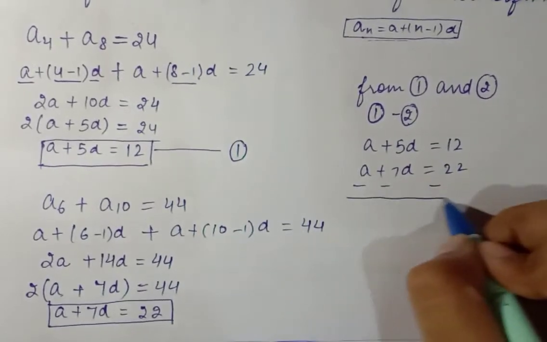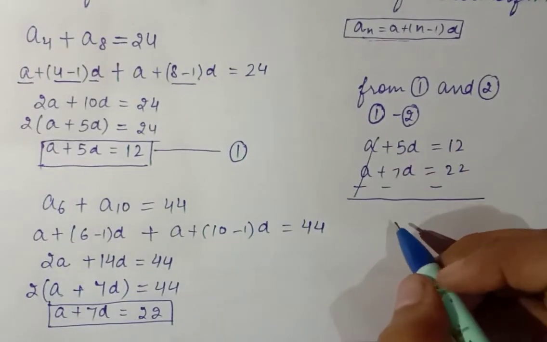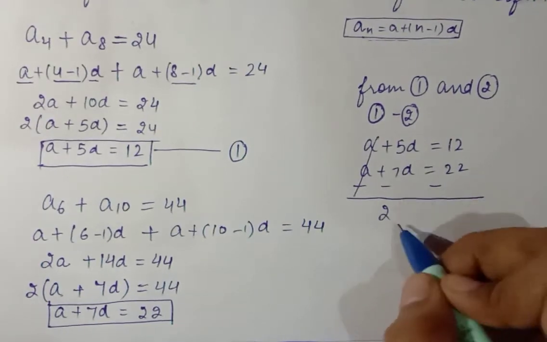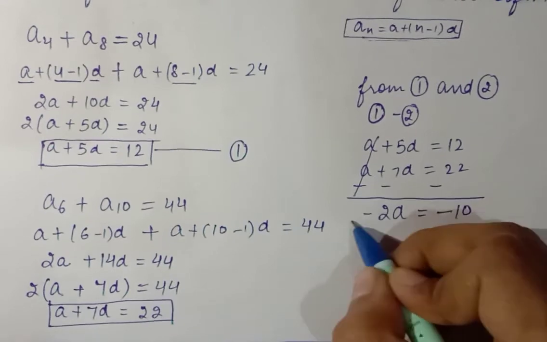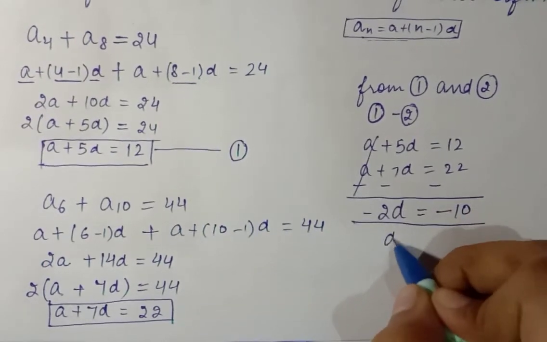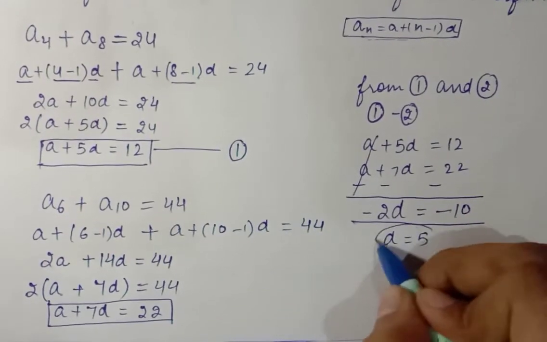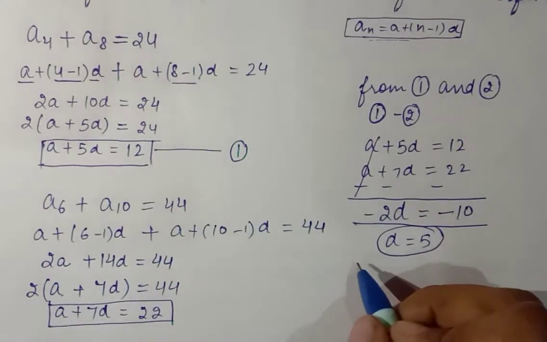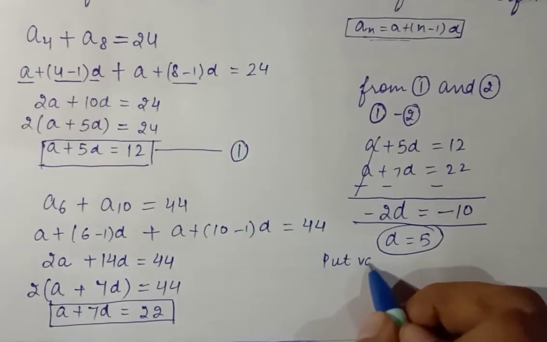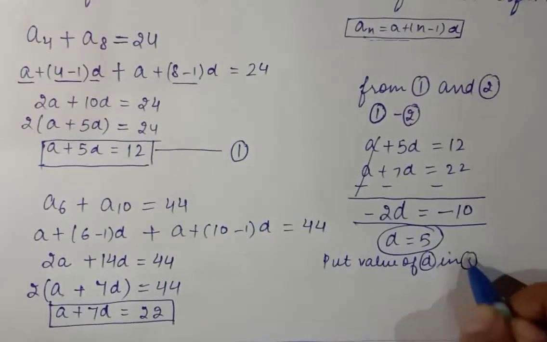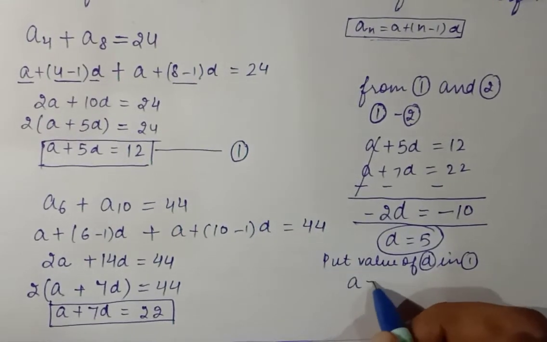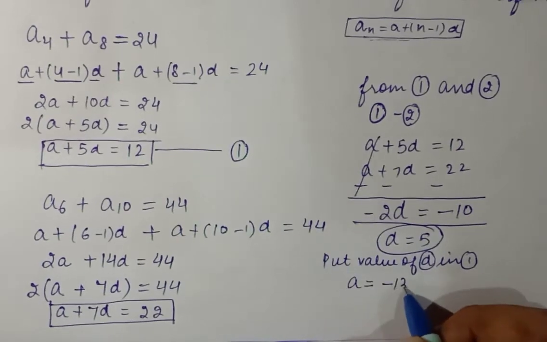Sign change. Minus 2d is equal to minus 10, or d is equal to 5. Put value of d in first equation, we get a is equal to minus 13.